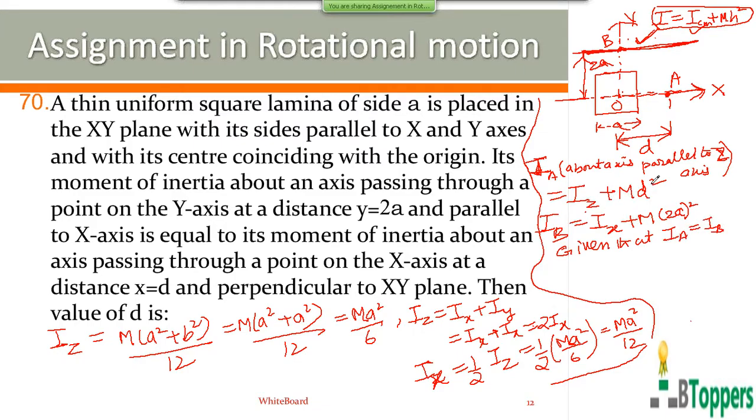So IA can be Iz plus md square, and Iz you can substitute as ma square by 6. IB equals Ix plus m into a whole square. Ix can be written as ma square by 12 plus m into a whole square, which means 4ma square. You have to solve this equation for d.